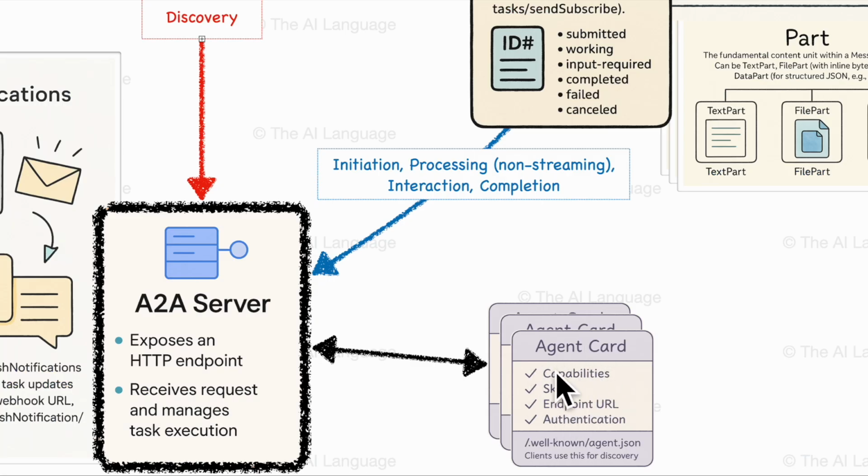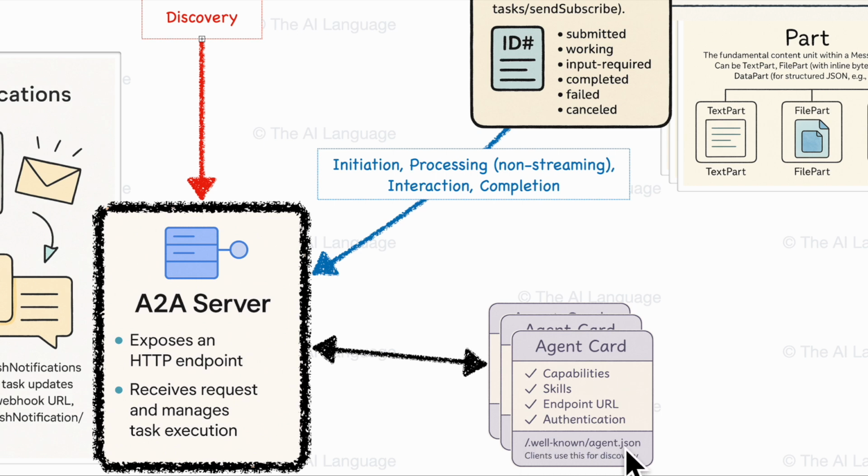Next, we have the agent card. Now here's a really cool part. Each A2A server has a metadata file known as the agent card. This is usually available at /.well-known/agent.json, which is basically a URL.